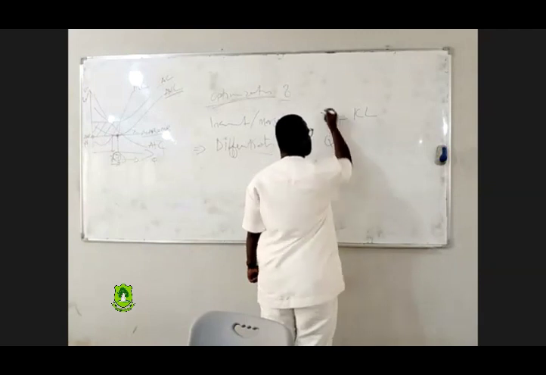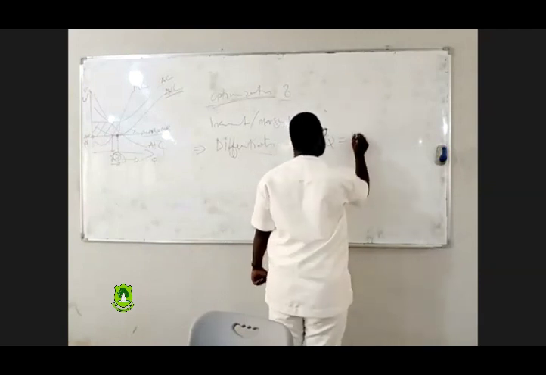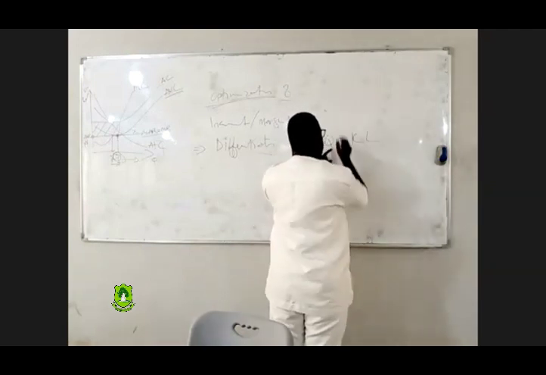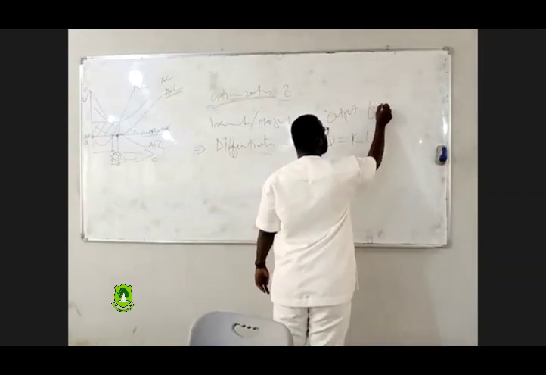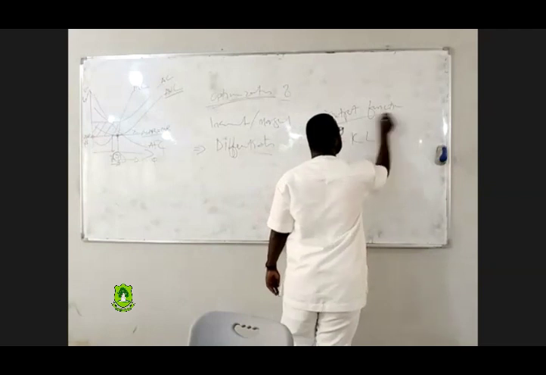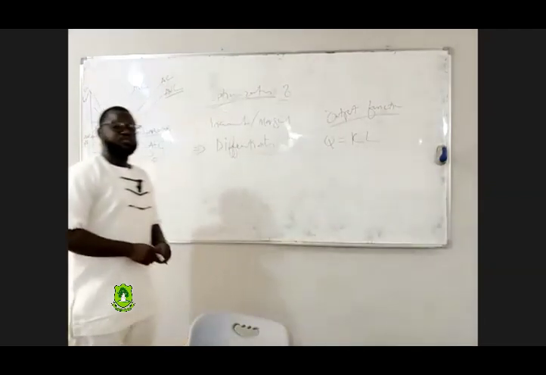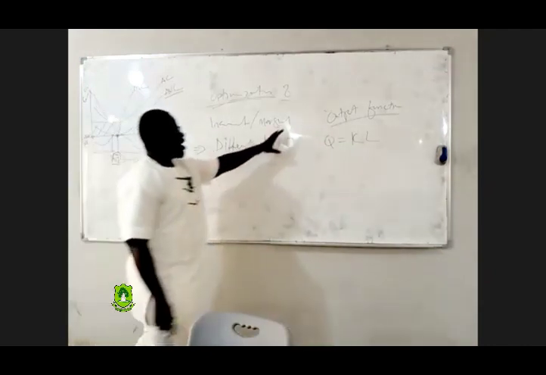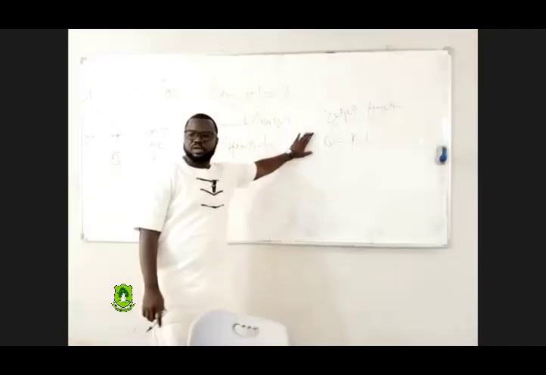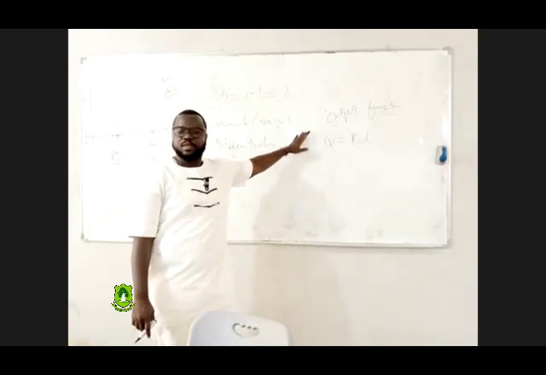If I give you this as Q, which is capital lever, this is called the output function. Remember, with output, we are focusing on maximizing output.